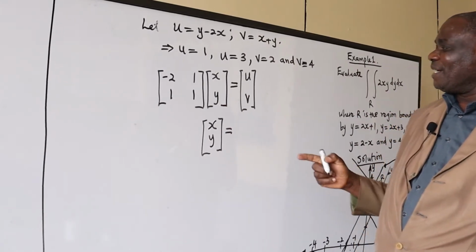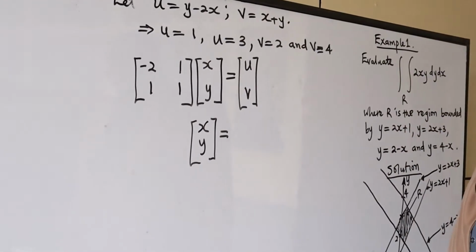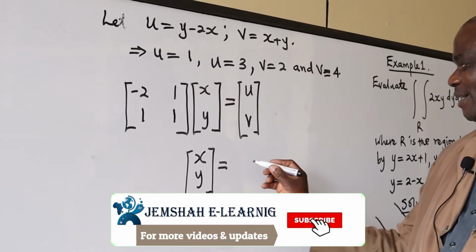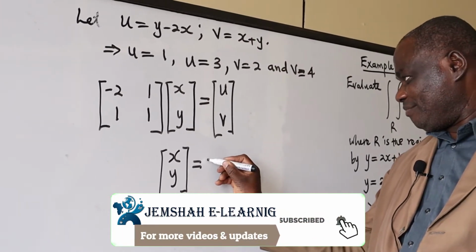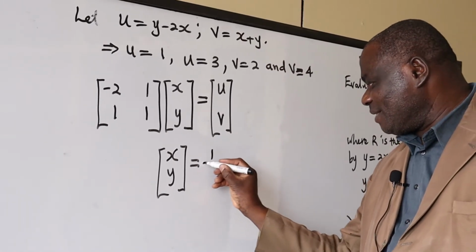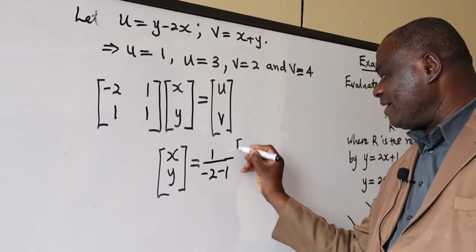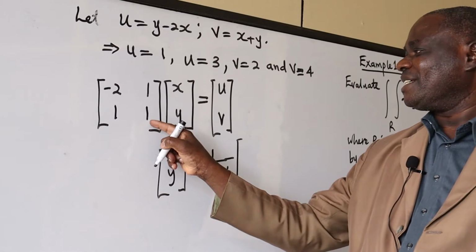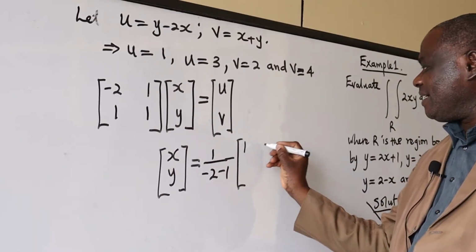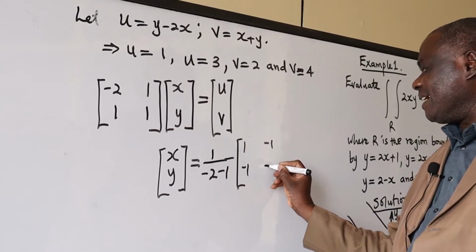Now, for us to get x and y, we use the method of using the inverse of a matrix. The inverse of this matrix will be given by 1 over the determinant, which is 1 over minus 2 minus 1, multiplying the matrix 1, negative 1, negative 1, negative 2.